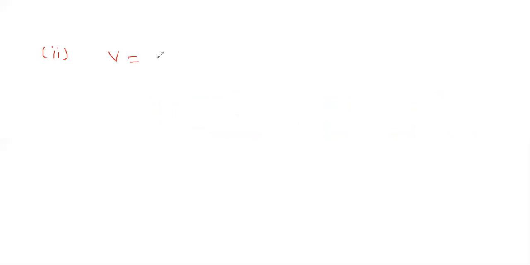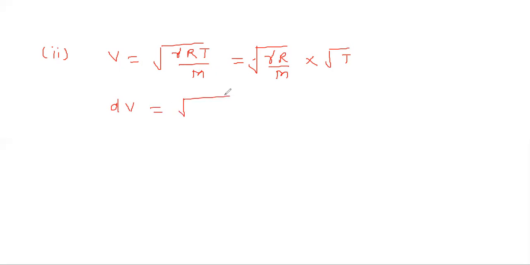V equal to root of gamma RT upon M. This can be written as root of gamma R upon M multiplied by root T. We can differentiate it, so we will get dV equal to root of gamma R upon M multiplied by 1 by 2 T power minus half dT.